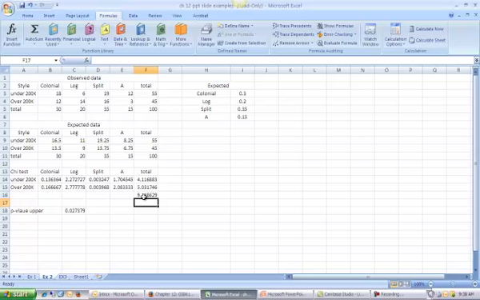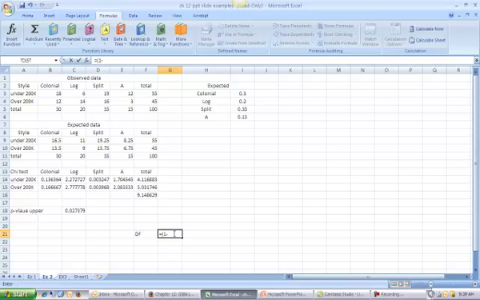Okay, this becomes a question. Here, degrees of freedom is calculated a little bit differently. We need to base our degrees of freedom on both the number of rows that we have and the number of columns that we have. So our degrees of freedom is, and I can write this out here for you, the number of rows minus 1.